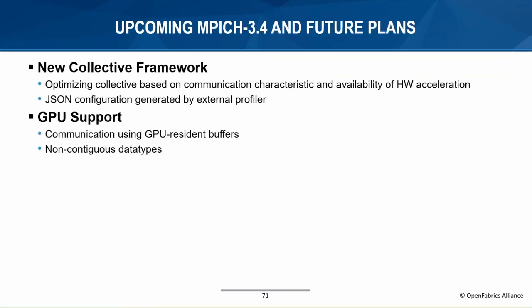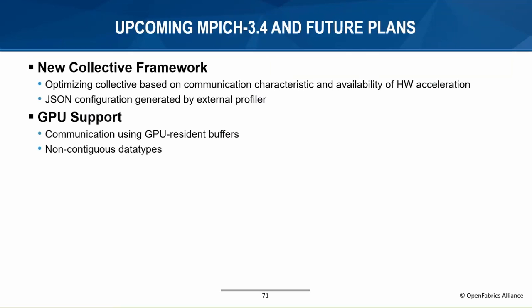What we're trying to do here is provide different implementations of collective algorithms that are optimized for different use cases, like communicator size, network topology, or support for hardware acceleration. And we have a way to choose the best algorithm at the moment based on the communication parameters given to MPICH.